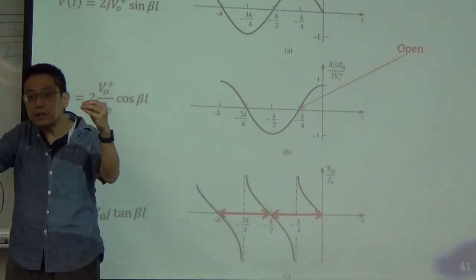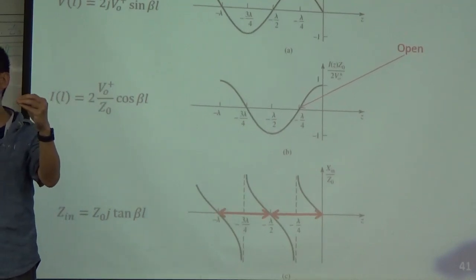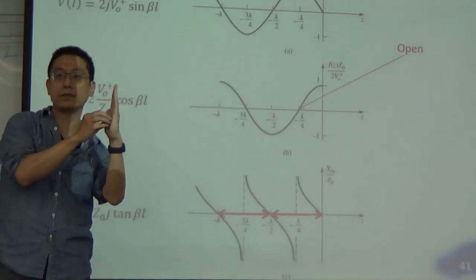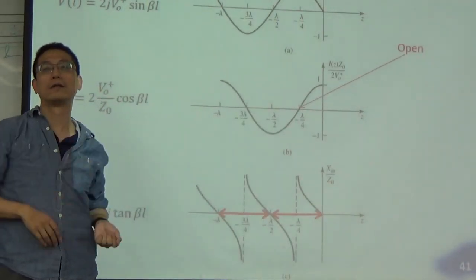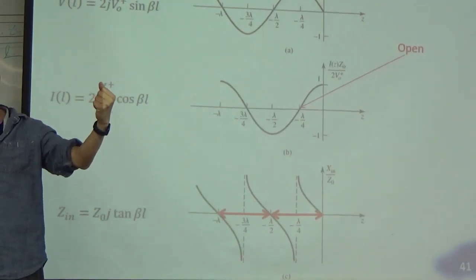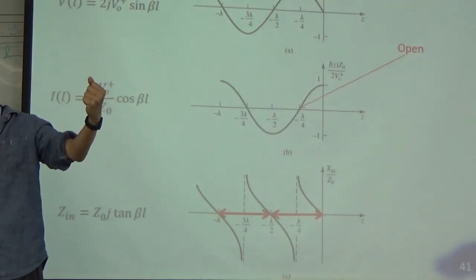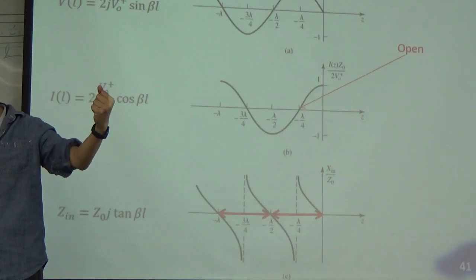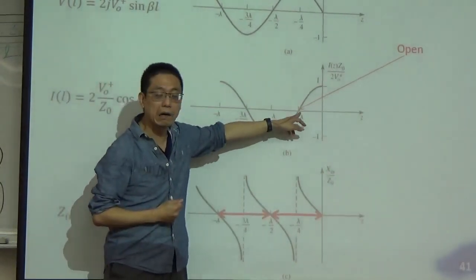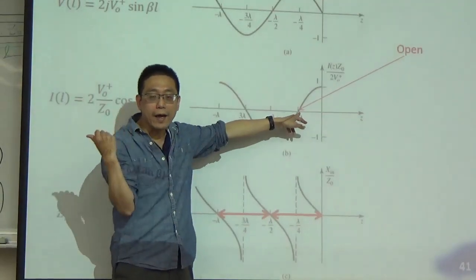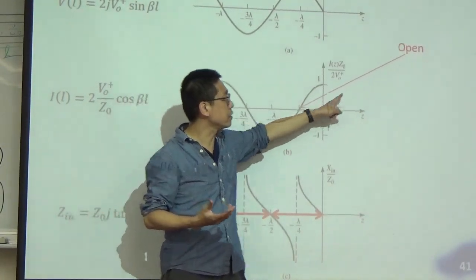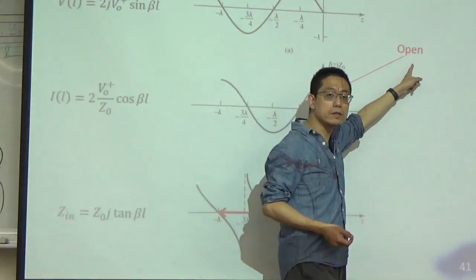If this is a quarter wave transmission line, you short at the end, you will feel like it is open at the other end, because the current at the other end is 0, so this is open. Understand?